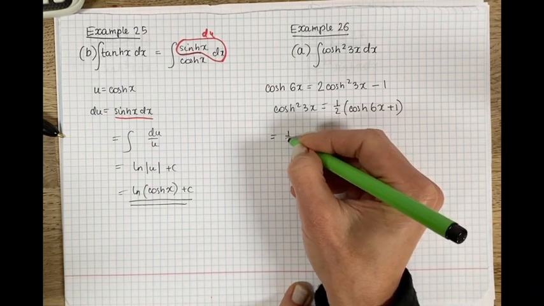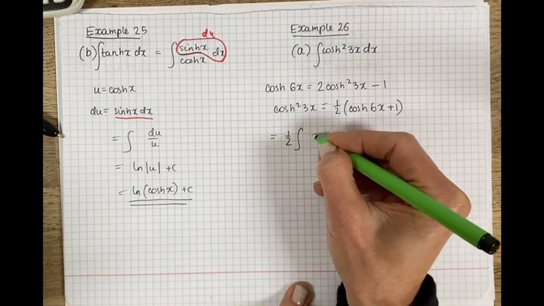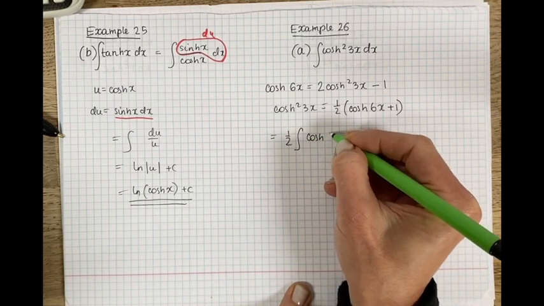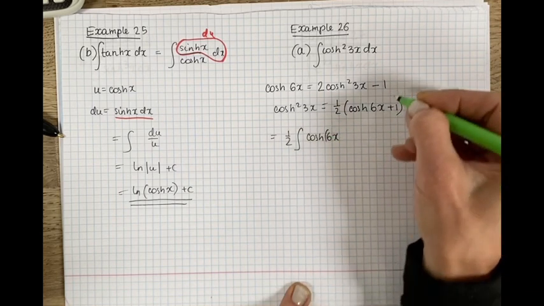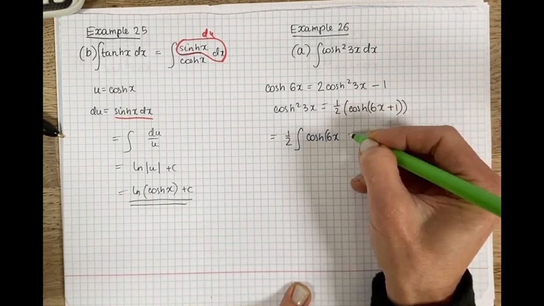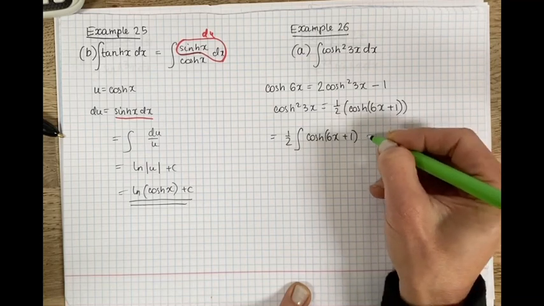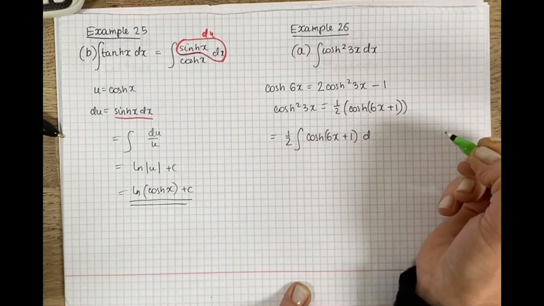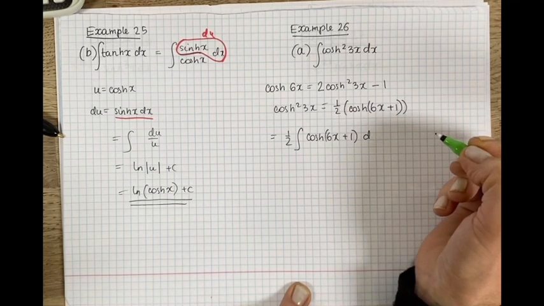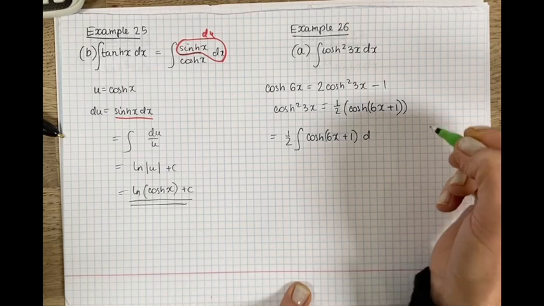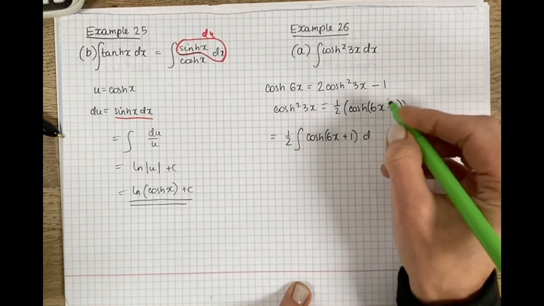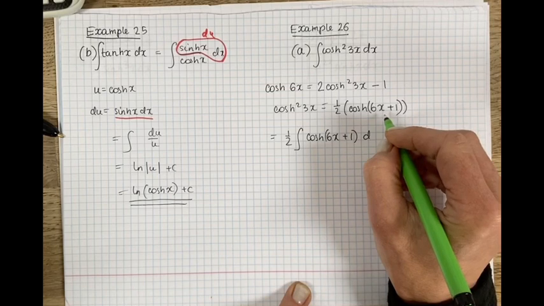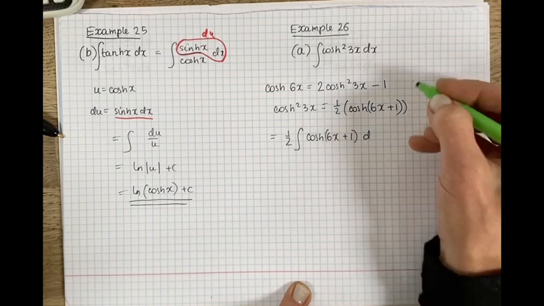So we've got to now integrate a half of cosh 6x, sorry, put that in brackets, plus 1. That's rubbish. Hold on, what have I done? I've tidied it up, and that was fine.